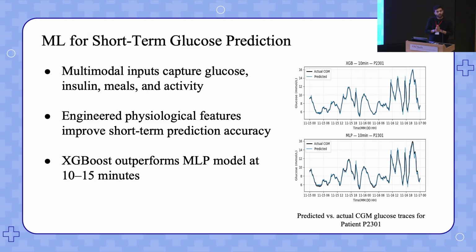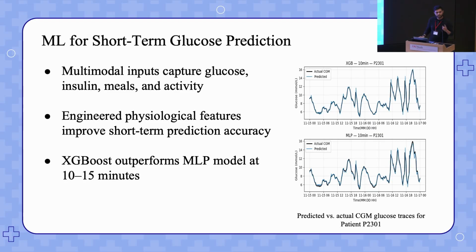This was recorded from adults who have type 1 diabetes under real-life conditions, and this dataset was recently published. We convert those four data streams into 14 engineered features which are physiologically and clinically meaningful, which help the machine learning model improve short-term glucose prediction accuracy.